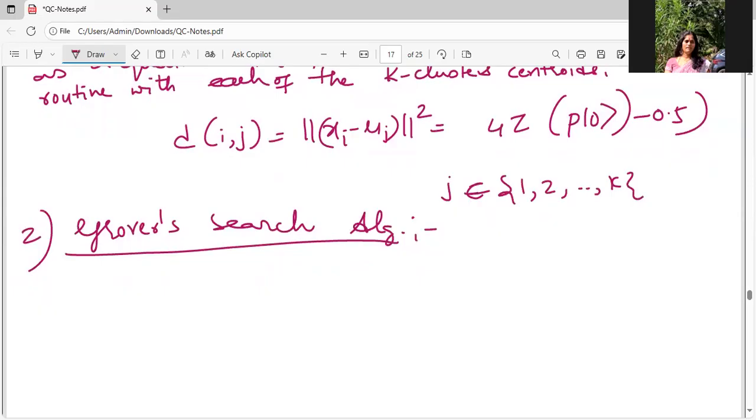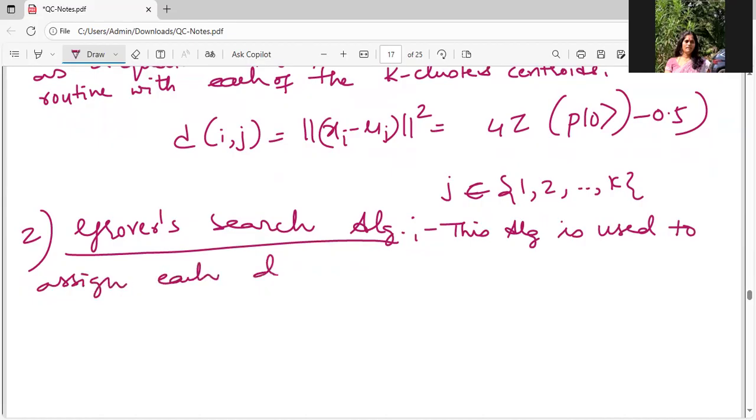Now, what do we use Grover's search algorithm for? This algorithm is used to assign each data point xi to one of the K clusters.